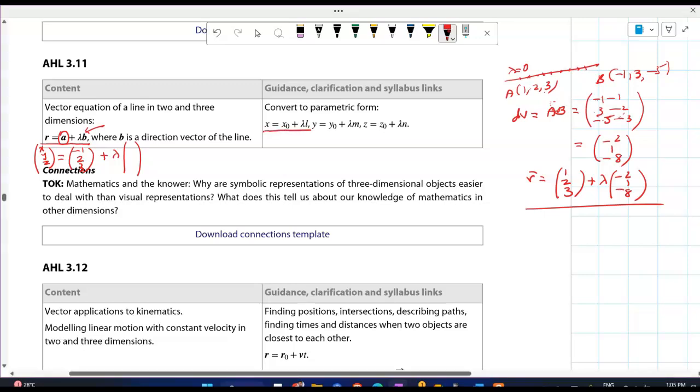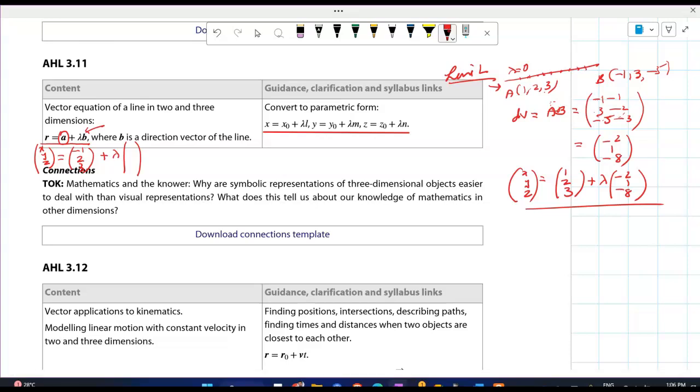Converting into parametric form, you just split the components. So basically, if you have to write this in parametric form, that is also very important for assuming any point on the line. If this is your line L, and L passes through A and B, assume any random point.